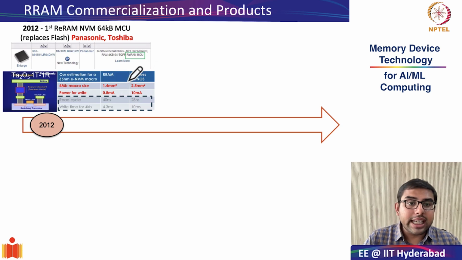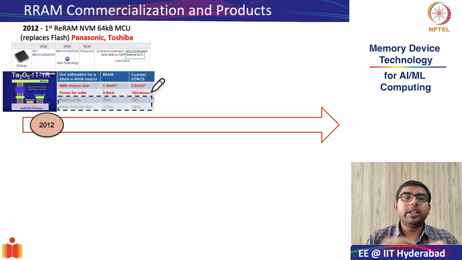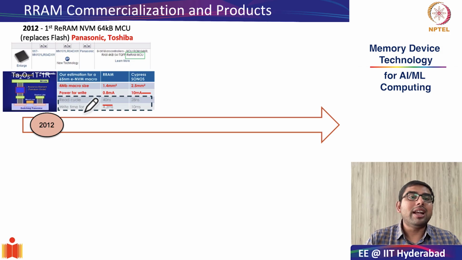As we can see in this particular table, the power for writing into the RRAM was significantly lower as compared to that of the NAND flash. This is because the operational voltage of RRAMs is also significantly lower. Also, we saw an improvement in both read and write latencies.